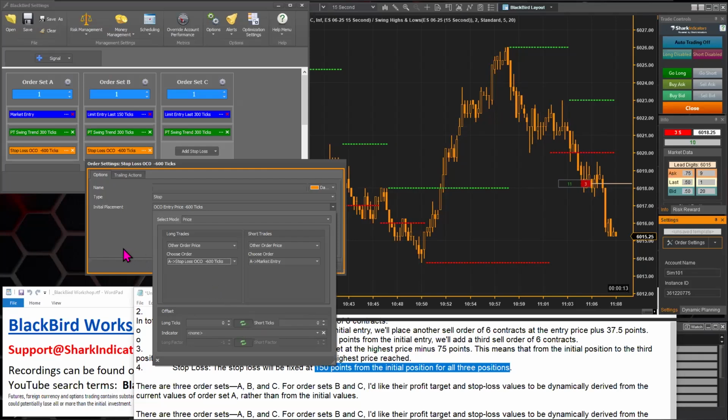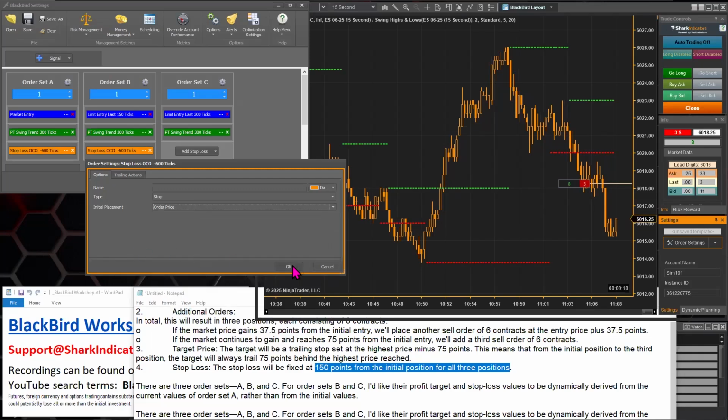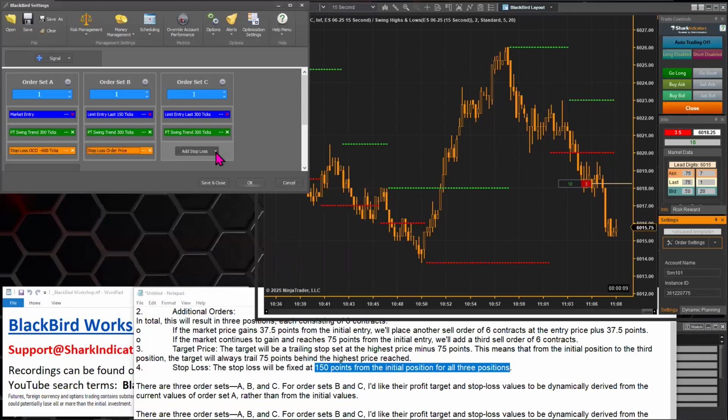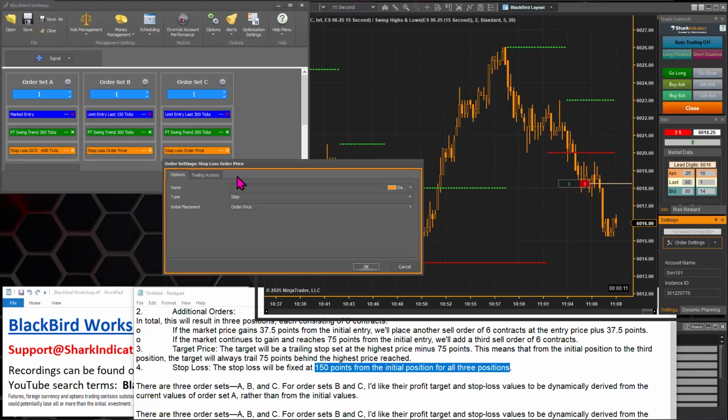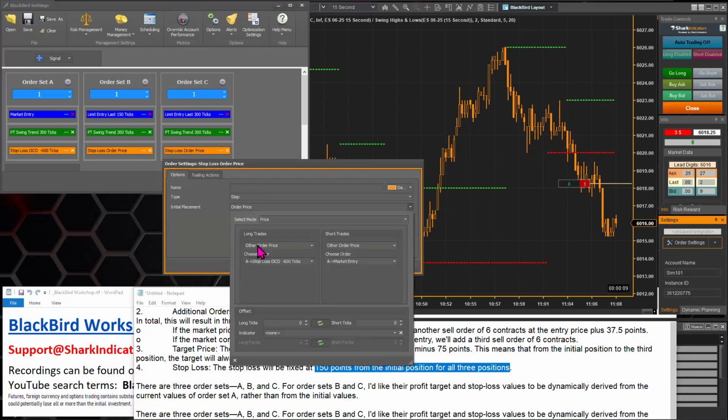Okay. So now that we got that corrected, I can now go in to the stop loss for C, and we'll just copy the stop loss from B. There we go. All right, and if we open this up, there we go, right?